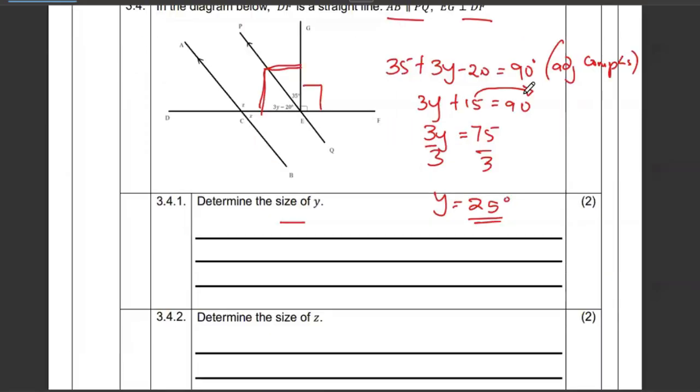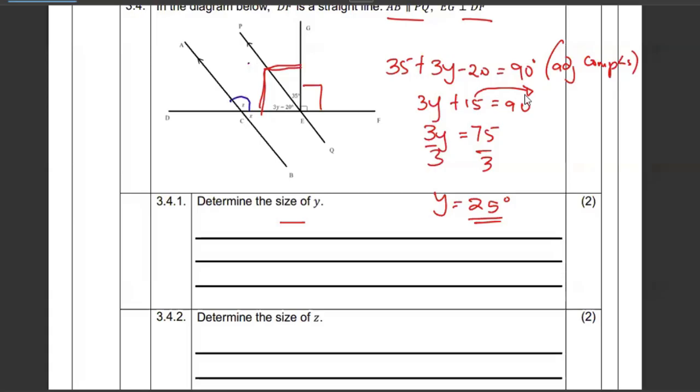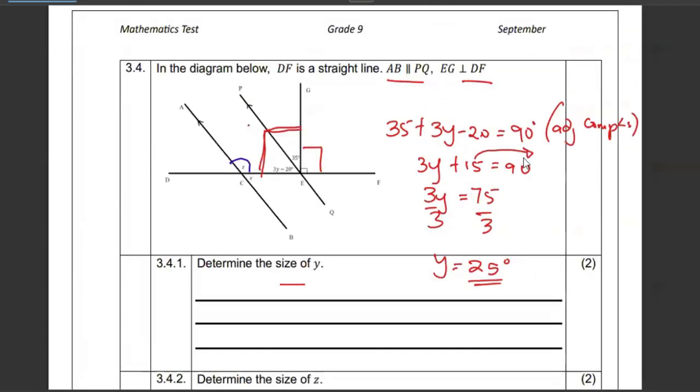Then they want us to get the size of Z. Okay, this angle here. Let's change colors. This angle here. So what we need to know is, I don't know how we can put this out. We can start by getting X, but X is the last part, so it's not a big deal. Let's use the co-interior.